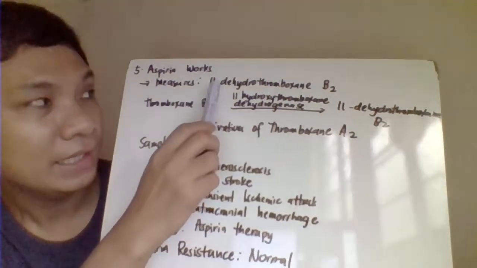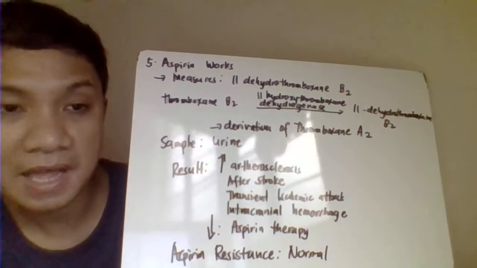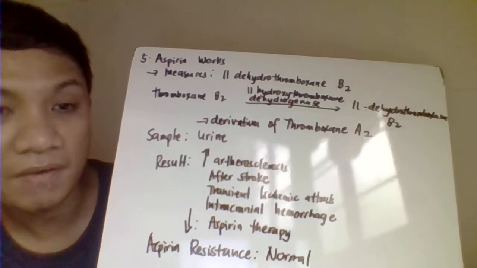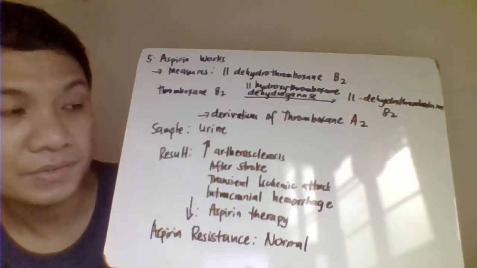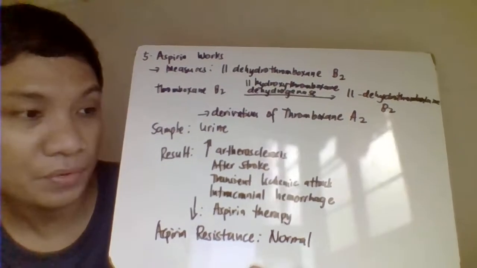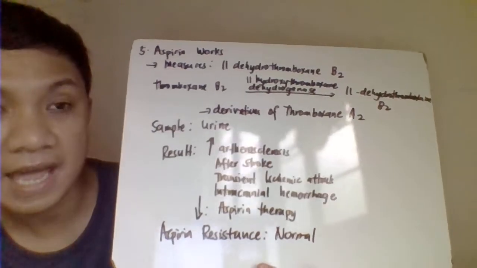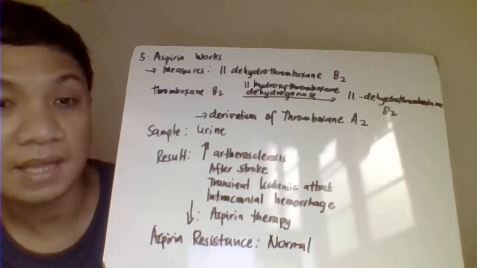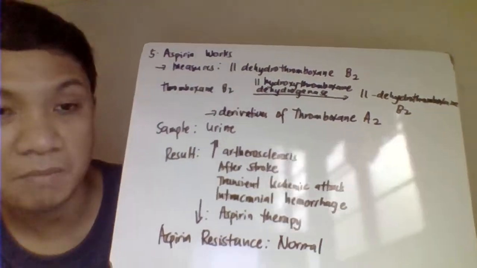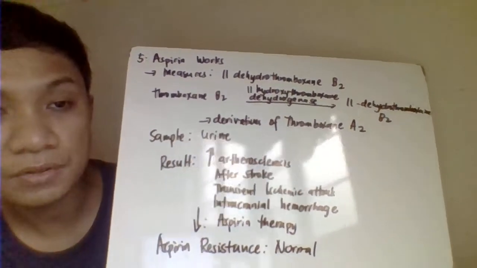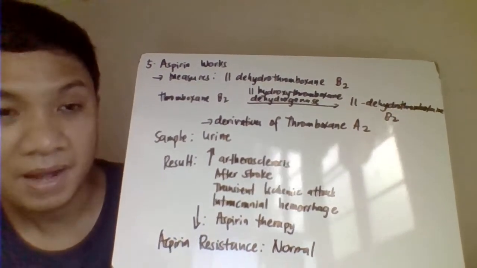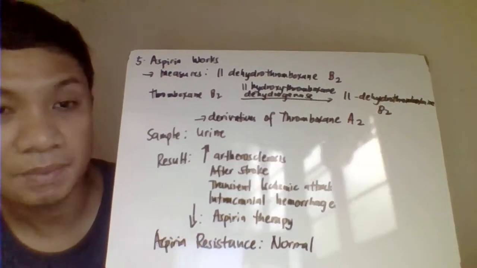The level of 11-dehydrothromboxane B2 is increased in the following conditions. These are our thrombotic conditions: arteriosclerosis, stroke, TIA or transient ischemic attack, and also intracranial hemorrhage. On the other hand, 11-dehydrothromboxane B2 is decreased when our patient is taking aspirin.